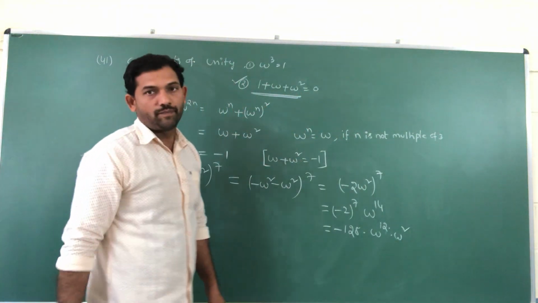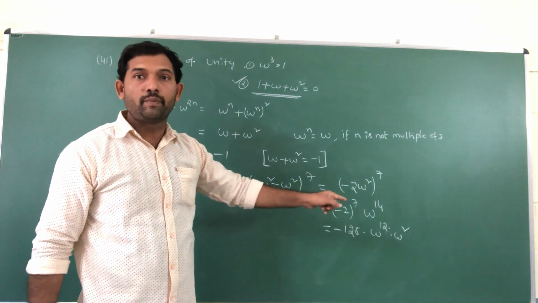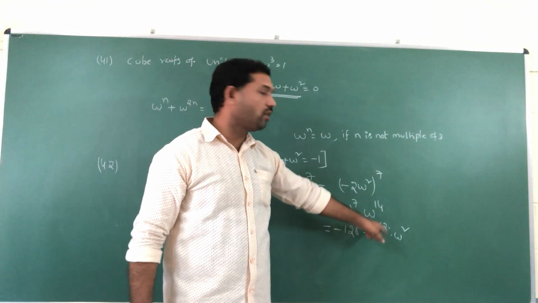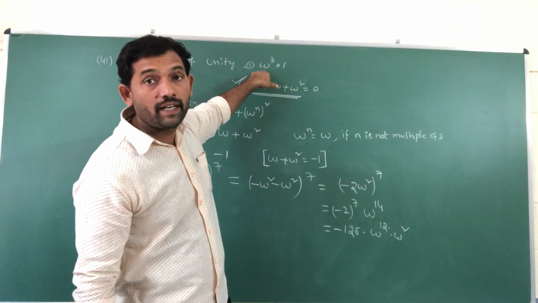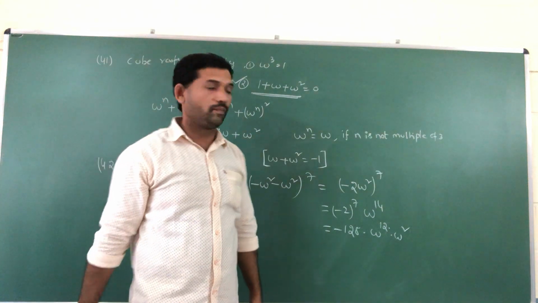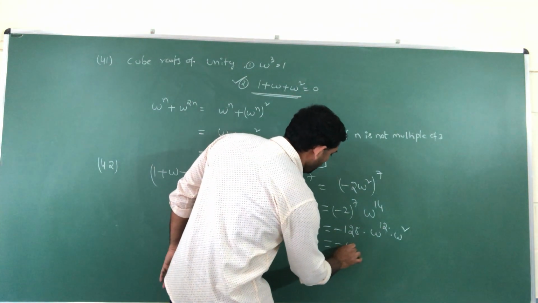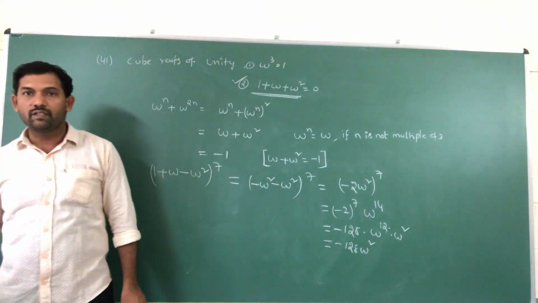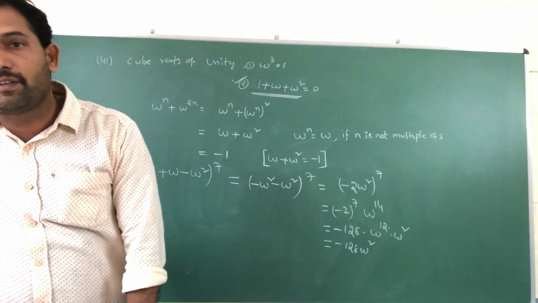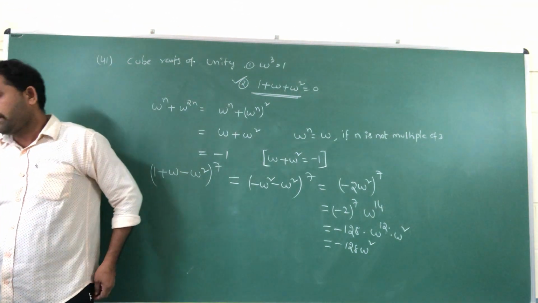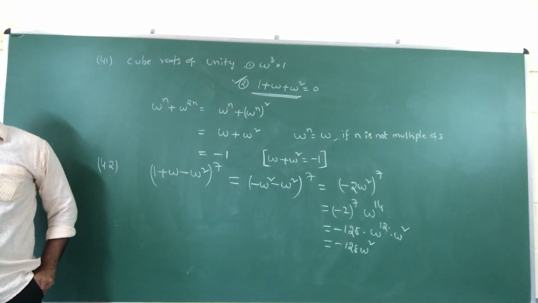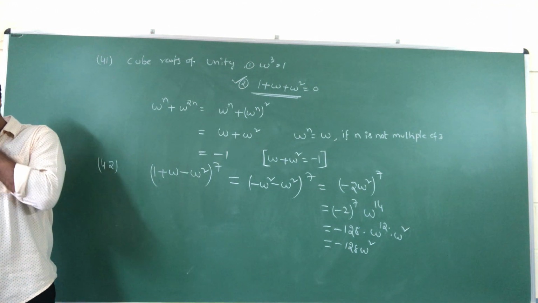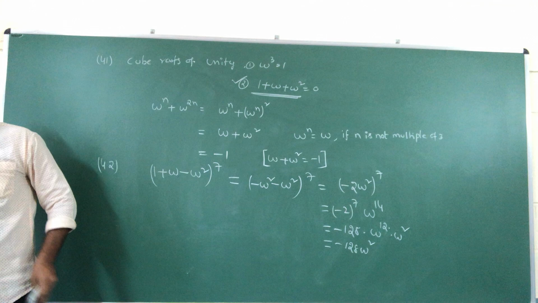Omega to the power 12 is 1, because any multiple of 3 as the power gives 1. So the remaining answer is minus 128 omega square. Note down fast.